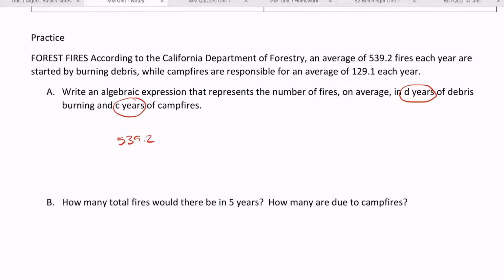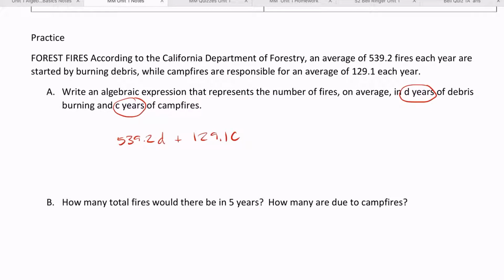So if we multiply that by the number of years, that would give us the total of fires because of debris. All right, then we add that to 129.1 fires per year times the number of years.